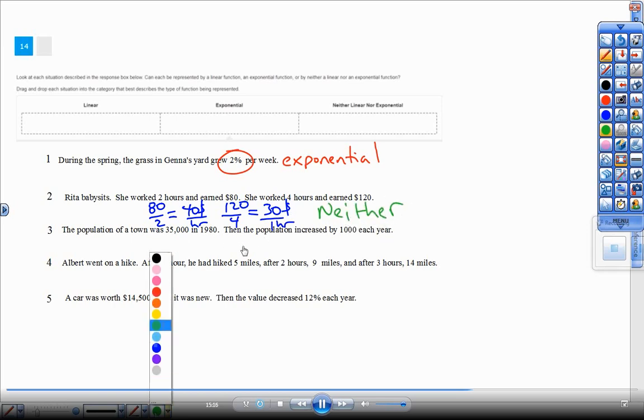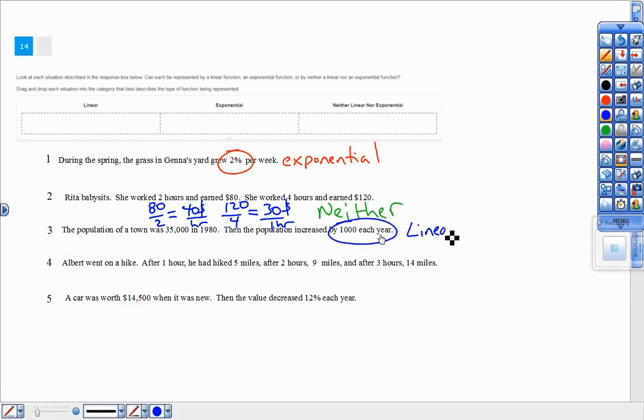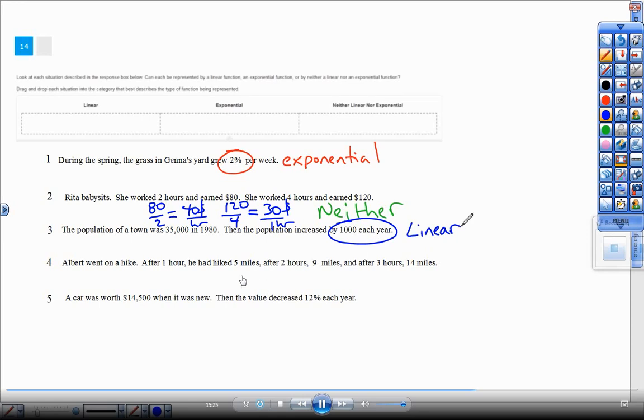Alright, problem 3. I do not see a percent, 1,000 each year. That is linear. Number 4, first hour 5, going up by 4 for the second hour to get 9, and then from 9 to 14 going up by 5, again a different rate, just like number 2. This one is a neither one.